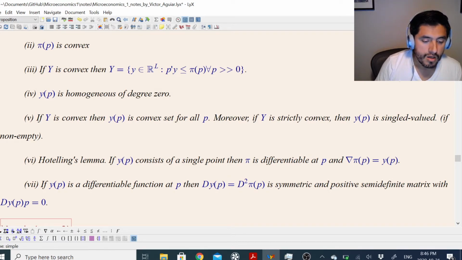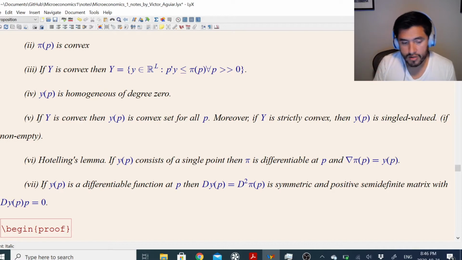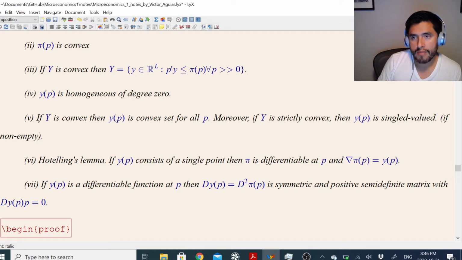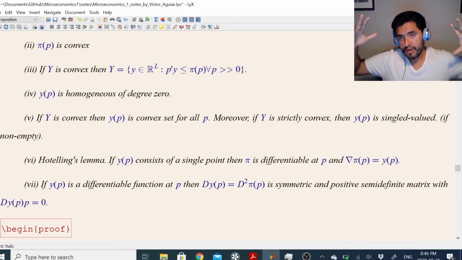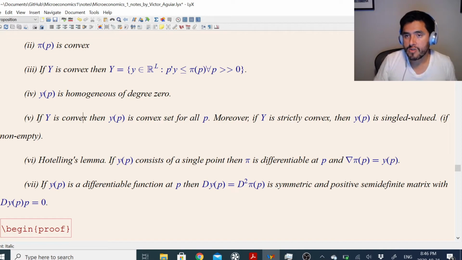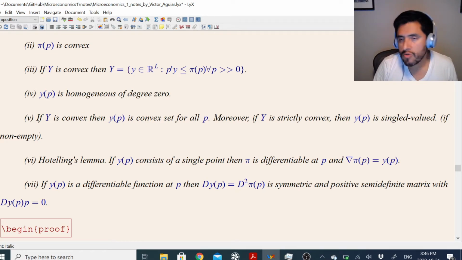Now, if the production set is convex, then y(p), the supply correspondence, is also convex. Again, this is important because you fix a price and then you have a set of possible supplies, right? You want them to be convex because then you can only study the boundary of this to characterize the whole set. So it's good mathematically, but we're also going to use it later.